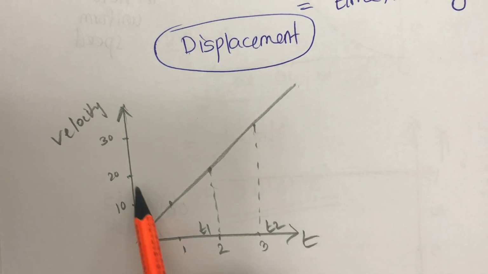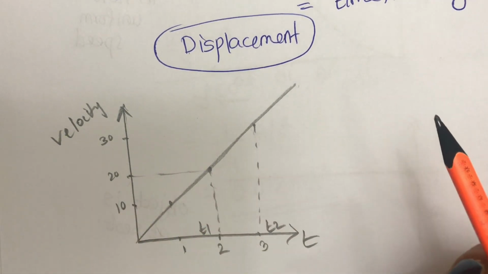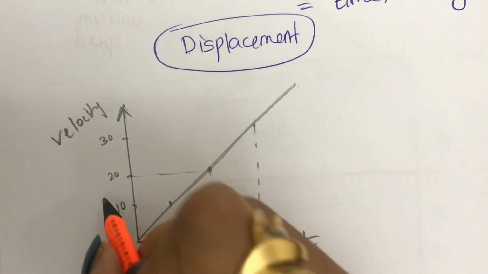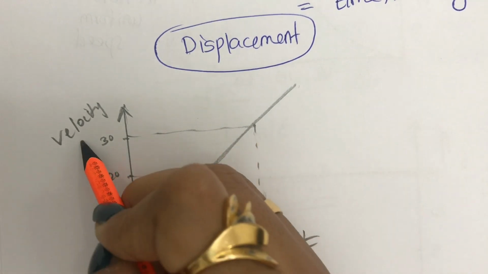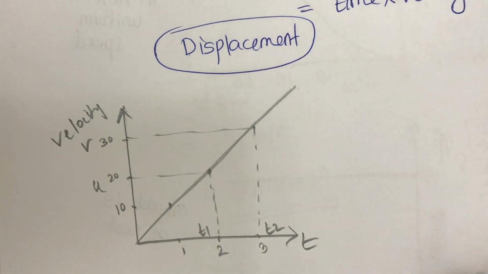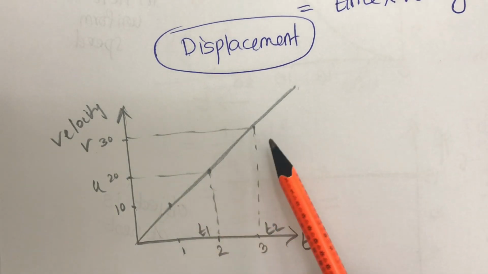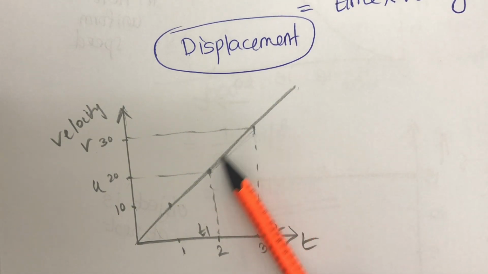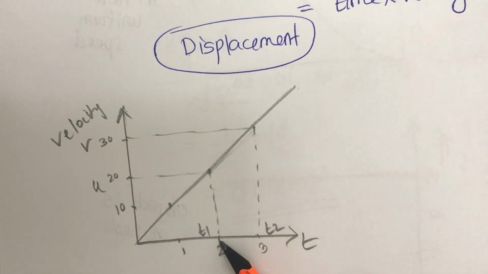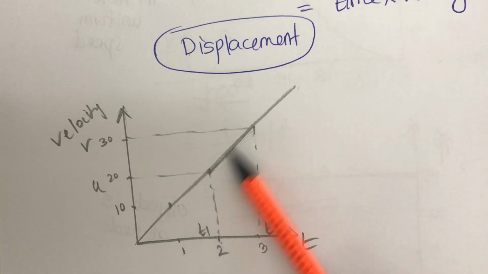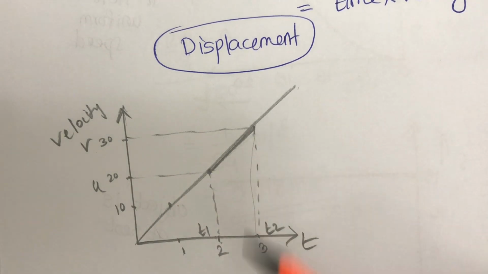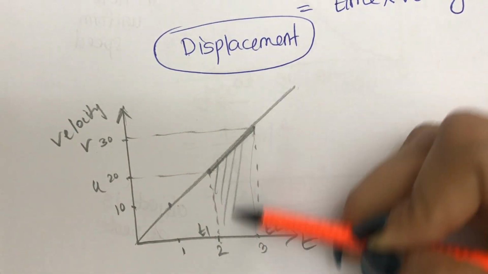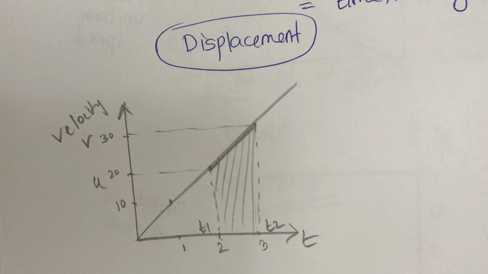Okay, and this is our initial velocity u, and this is our final velocity v. So we need to find the displacement traveled from the time t1 to t2. So we need to find the displacement traveled under this. That is, our area will be this, right? We need to find this area.